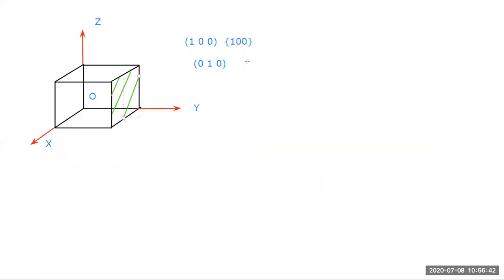Then we draw the plane 001. How do you draw the plane 001? x is 0, y is 0, and z is 1.